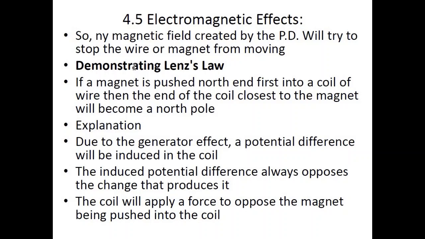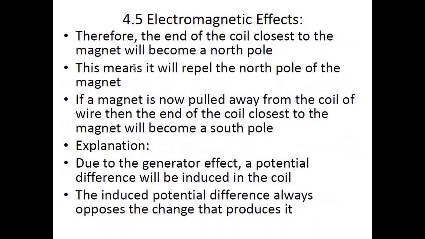A potential difference will be induced in the coil, which will always oppose the change that produces it. The coil will apply a force to oppose or push away the magnet being pushed into the coil. Therefore, the end of the coil will become a north pole, and it will repel the north pole of the magnet.